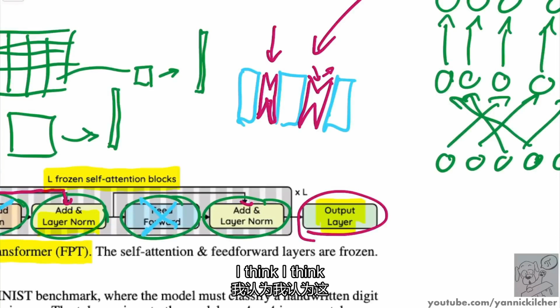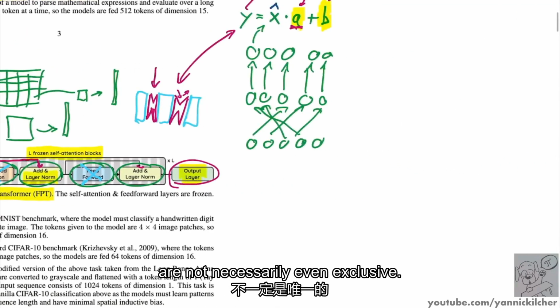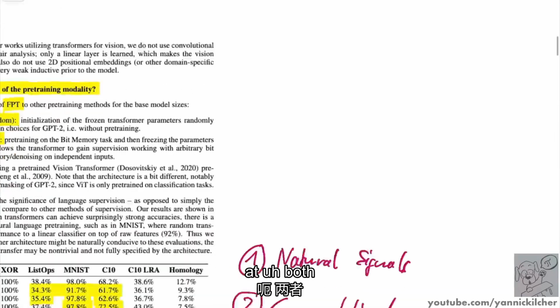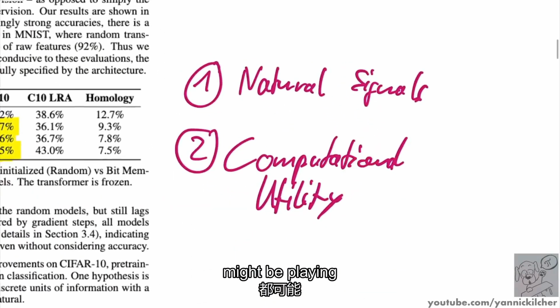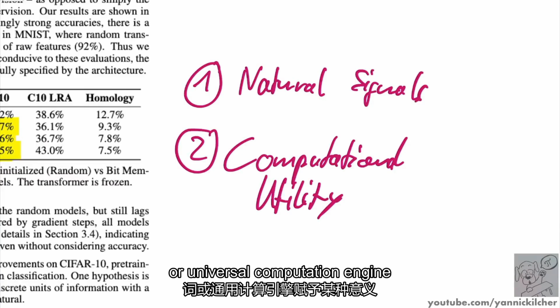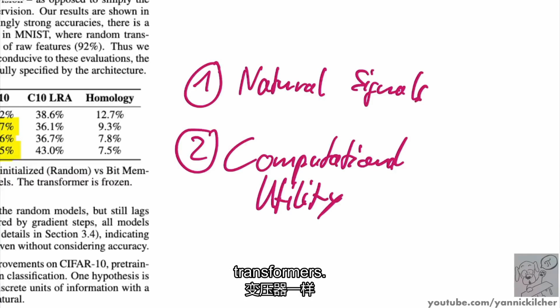I think the two are not necessarily even exclusive, and I think the paper hints that both might be playing a role here. I don't think they say exactly the same thing, but this would also give meaning to this word of computation or universal computation engine, these transformers.